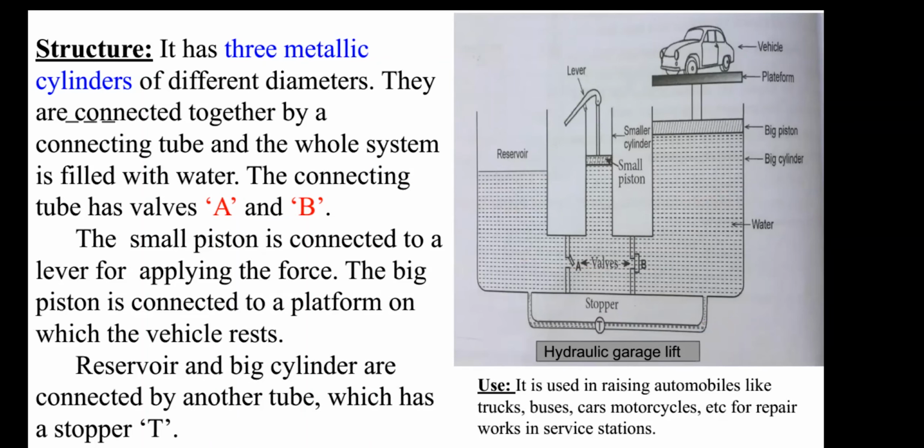The whole system is filled with liquid, that is water, because this device is designed to work on the basis of Pascal's law. That means transmission of equal pressure by the liquid in all directions. This is the structure of the hydraulic jack.